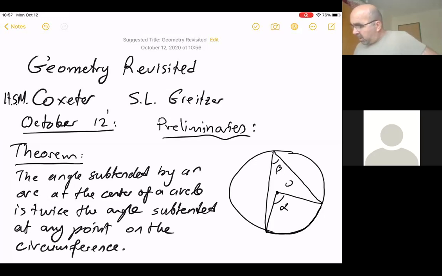Okay, now namely in this picture alpha is equal to 2 times beta. That's what it says.